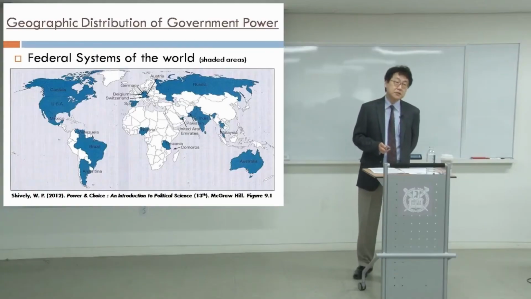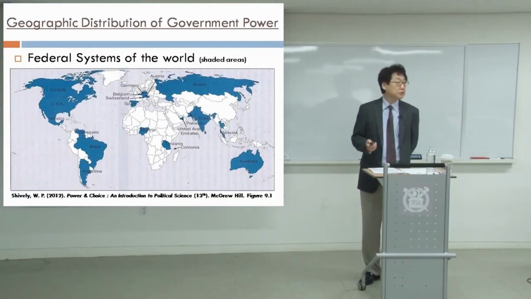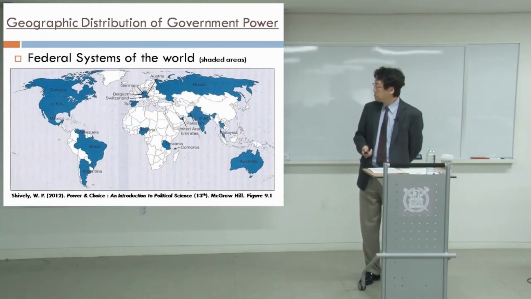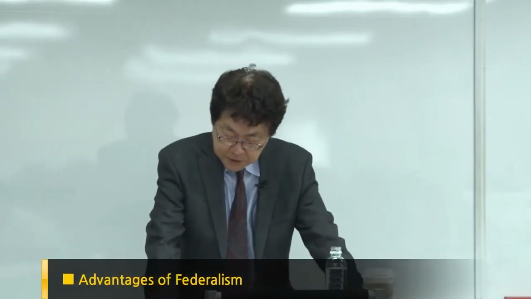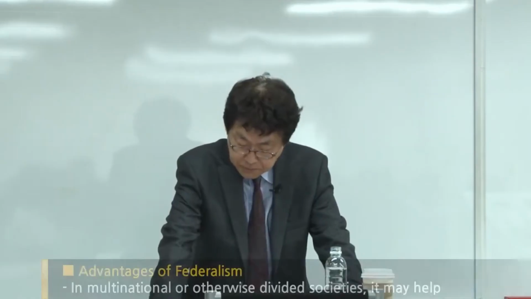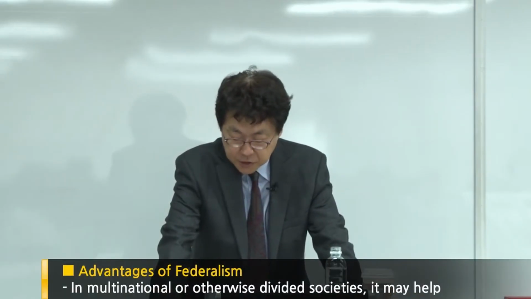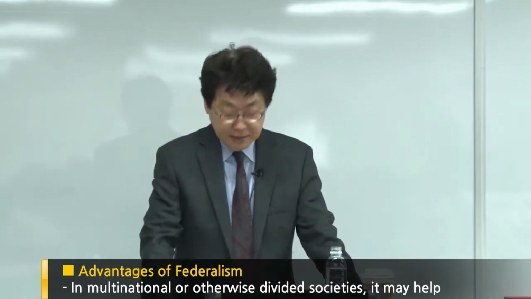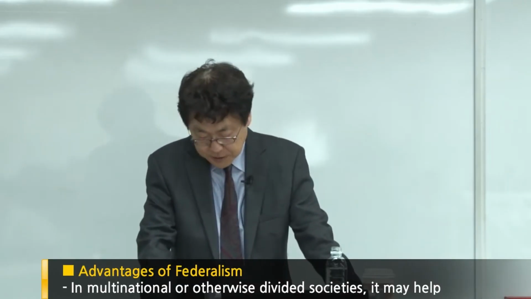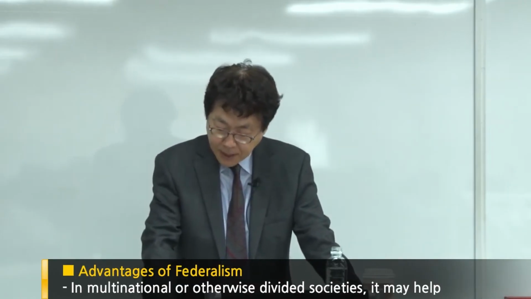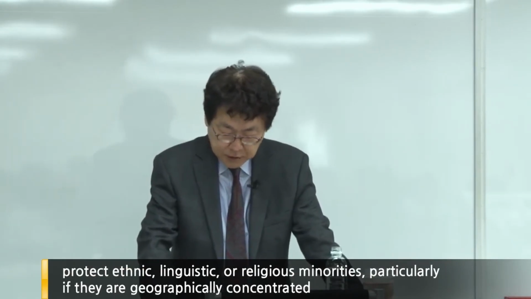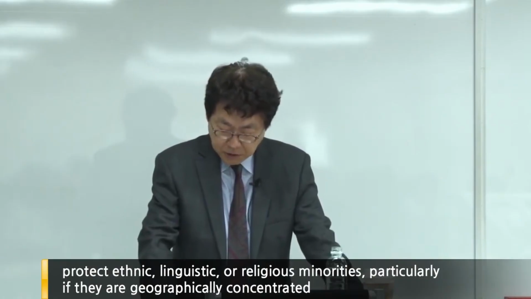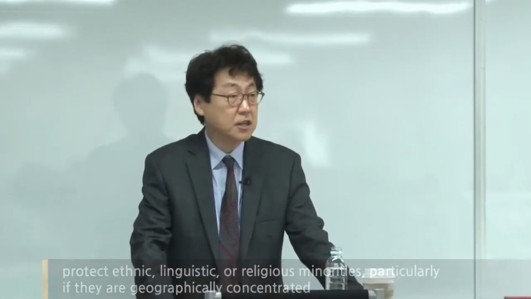Now, the weaknesses and strengths of federalism and unitarism. Federalism is commonly thought to have a number of advantages. Say in multinational or otherwise divided countries or societies, it may help protect ethnic, linguistic, or religious minorities, particularly if they are geographically concentrated.